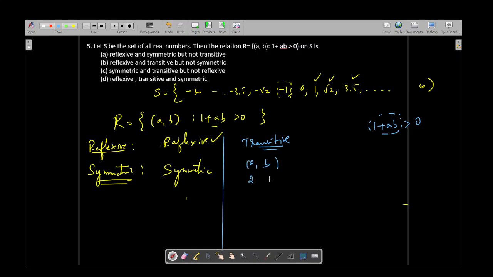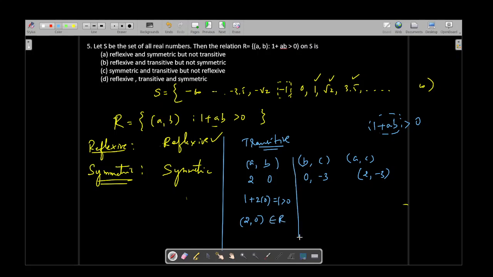I'll take a as 2, b as 0, and c as -3, so a comma c is (2, -3). Here 1 plus 2 into 0 is 1, which is greater than 0, so (2, 0) is a member of R.